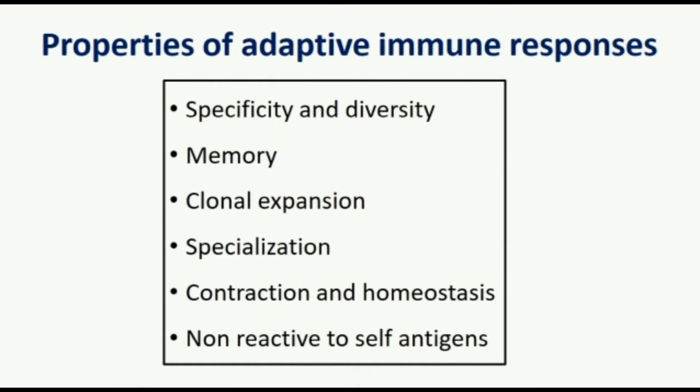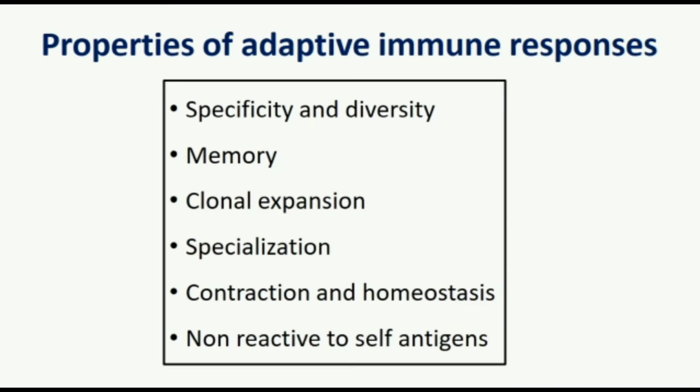When it comes to the properties of the adaptive immune system, its responses have different properties like specificity and diversity, memory, clonal expansion, specialization, contraction and homeostasis, and non-reactivity to self-antigens. Our adaptive immune system has the ability to respond to a large variety of antigens, that is diversity, and it also ensures that distinct antigens elicit specific responses, which is called specificity.